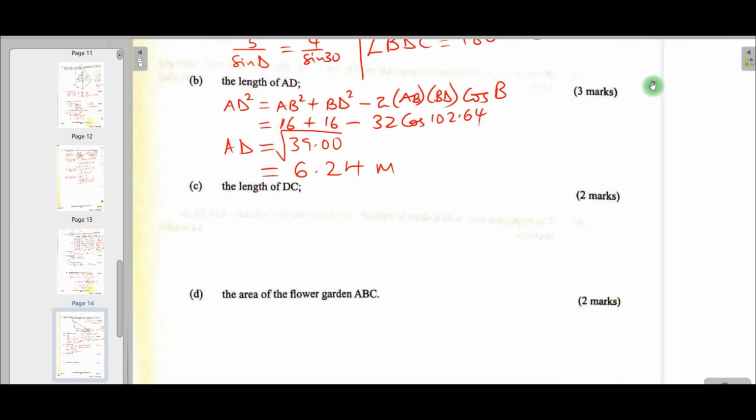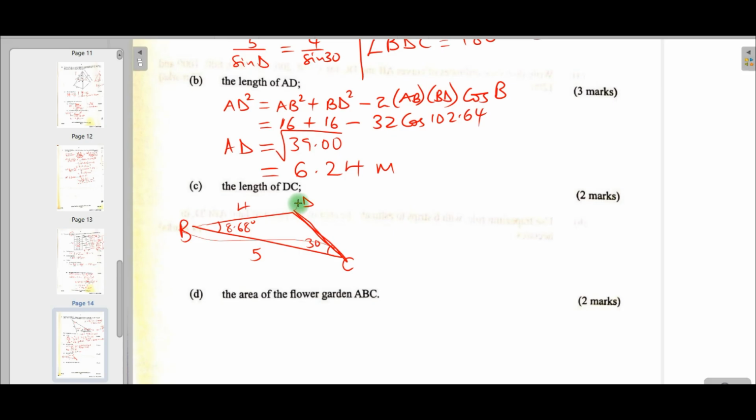And therefore, let us get the length of DC. So this is B, we have D, and we have C. This is 30, this is 5. For this angle is 8.68 degrees. Therefore, I'm interested to use this angle and the side opposite it.